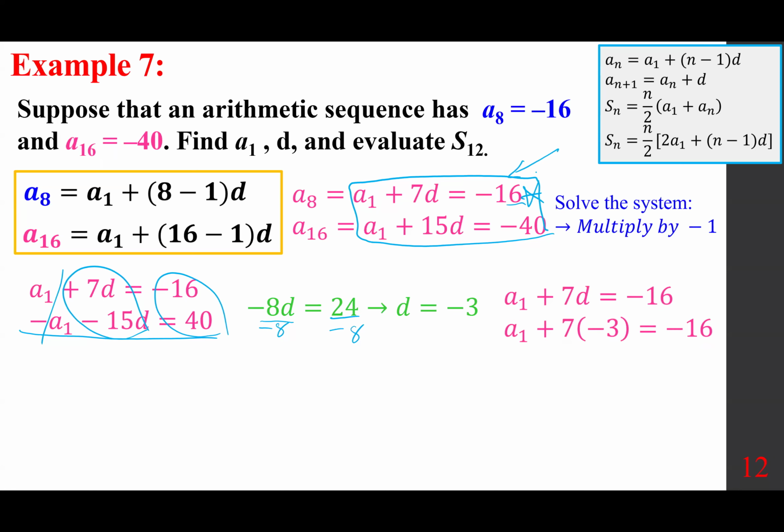So A sub 1 plus 7 times negative 3 is negative 16. We have negative 21. We move it, it becomes positive 21, and A sub 1 becomes 5. So we found this part.